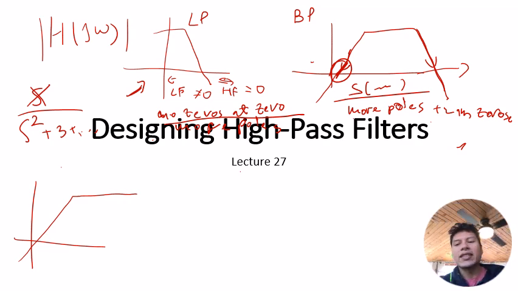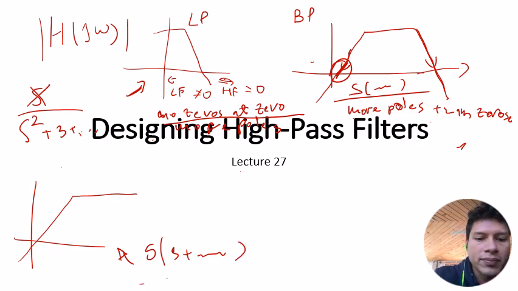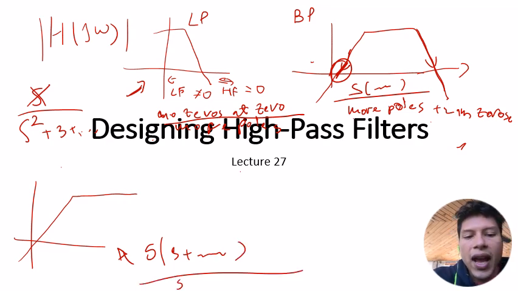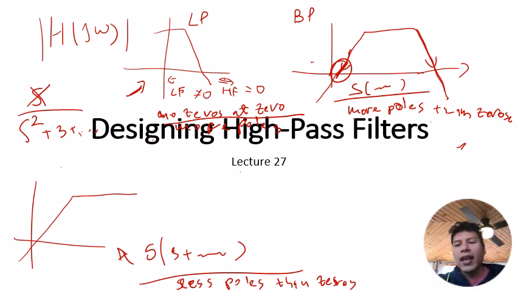If you don't have any zeros at zero and you have more poles than zeros, that's a low pass. If you have one or more zeros at zero, but you have more poles, that's a band pass. And then here, you need to have at least a zero at zero, and then s plus blah, blah, blah, and then you have less poles than zeros. That's called a high pass filter.